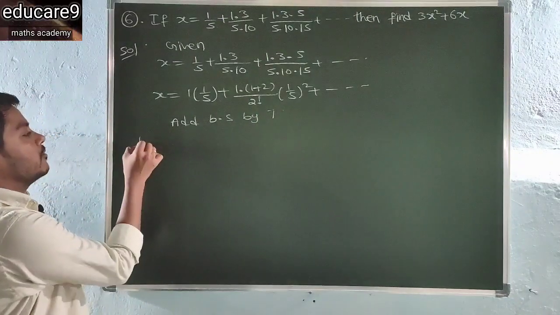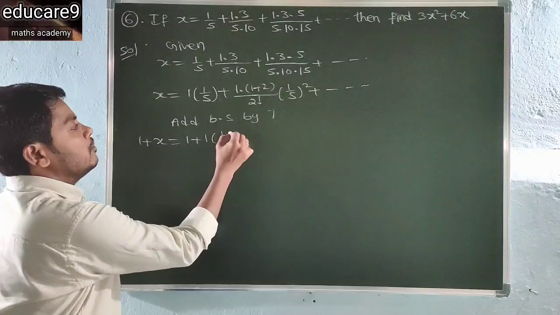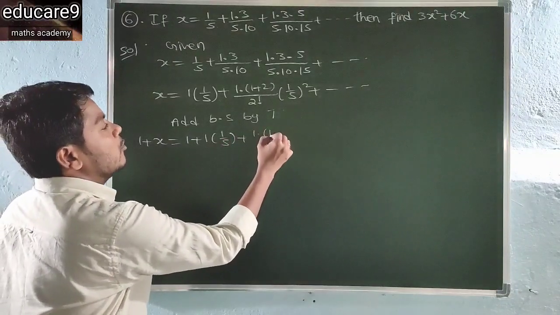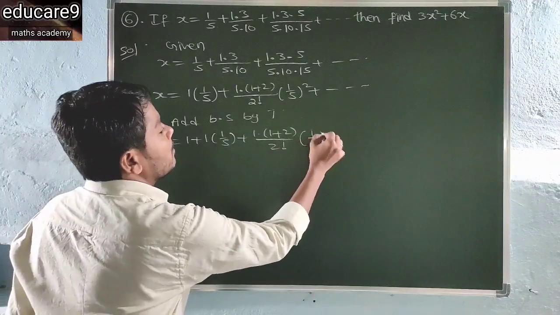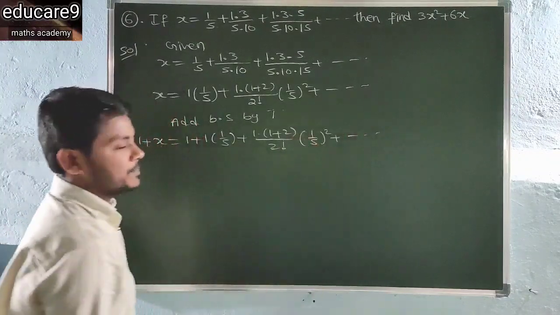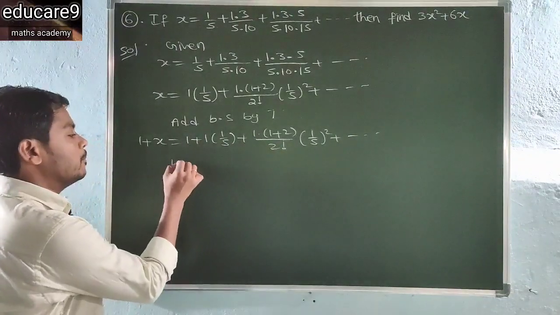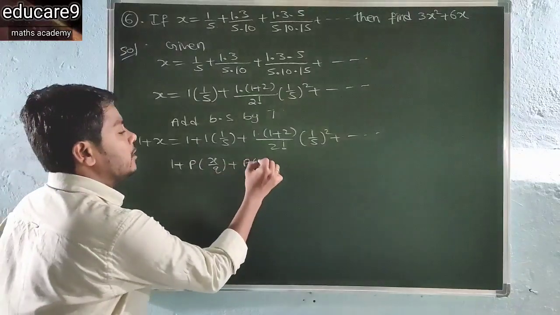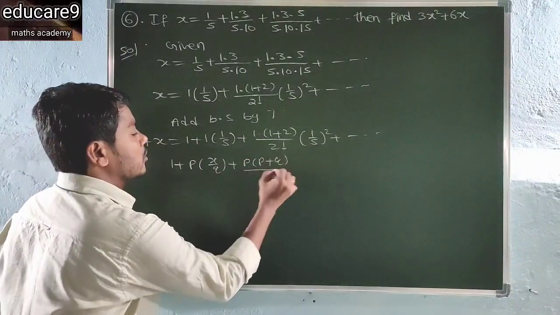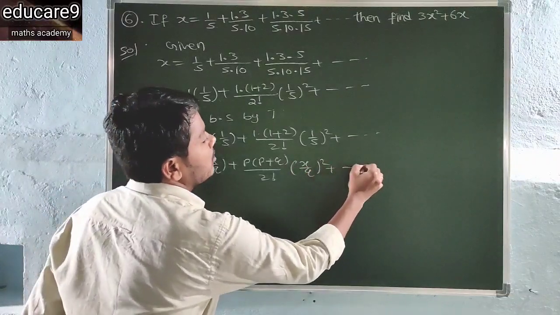Now here add 1 on both sides. So what you get? 1 + x is equal to 1 + 1 into 1/5 + 1 into (1 + 2)/2 factorial into (1/5) whole square and so on. So clearly it is in the form of 1 + p into (x/q) + p into (p + q)/2 factorial into (x/q) whole square and so on.